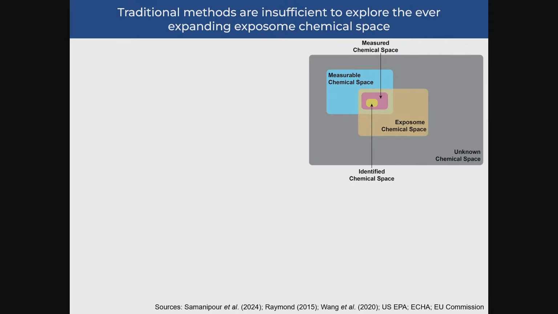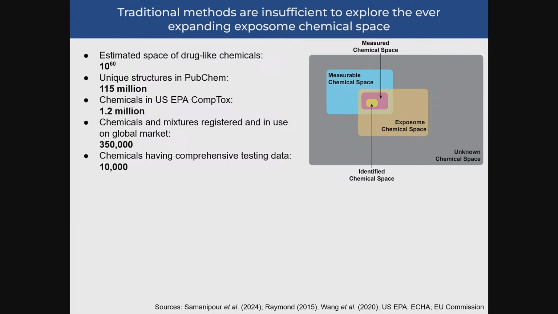If one were to segregate the chemical space into measurable exposome space and identified chemical space, we see that the identified chemical space is a very tiny fraction of the entire exposome space. To put this in perspective, PubChem, which is one of the largest repositories for chemical structures, currently maintains 115 million chemicals, and there are 350,000 chemicals in the market, of which only 10,000 have been characterized for their toxicological effects.